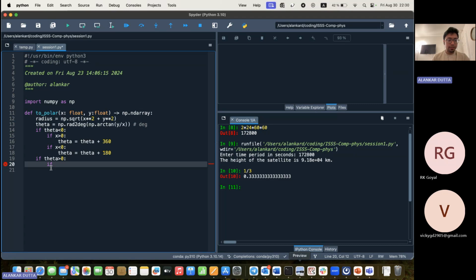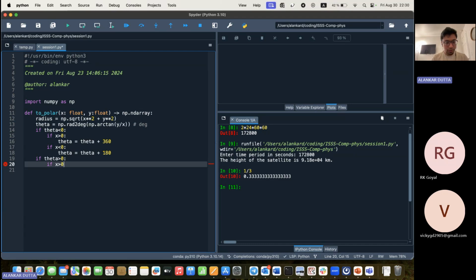We will check if theta is greater than 0, and if x is greater than 0. What this would mean is that we are in the first quadrant, because if theta is greater than 0, it means the angle is positive. It's in either the first or the third quadrant.